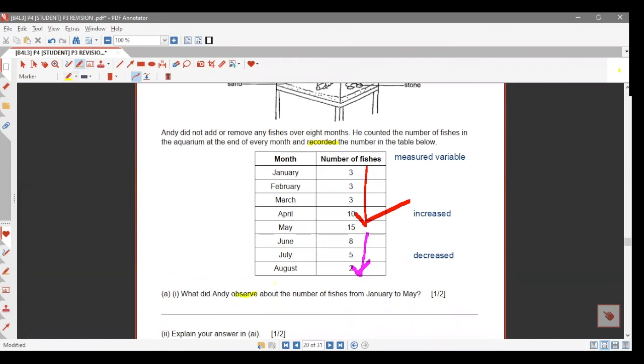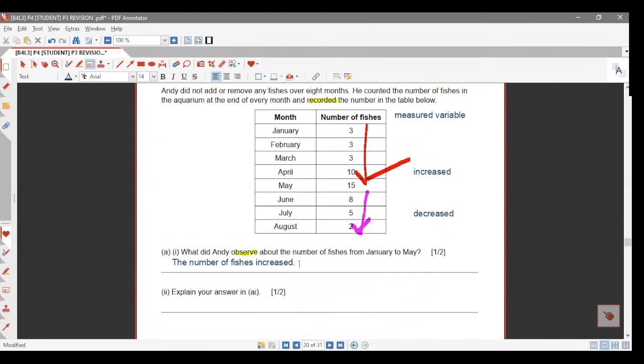From 3, 3, 3, 10, 15, the number went up. So I will need to say the number of fishes increase. After which, if they ask me for my explanation, then I go ahead and say that the number of fishes increased because the fishes reproduce.